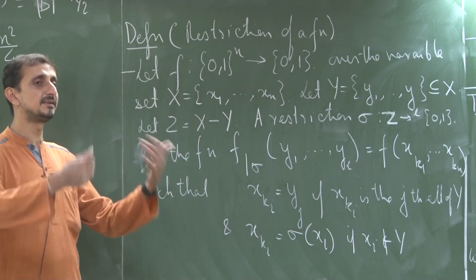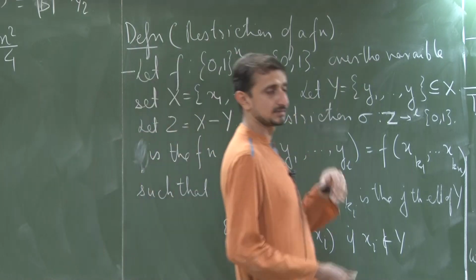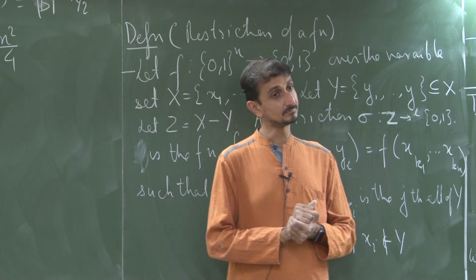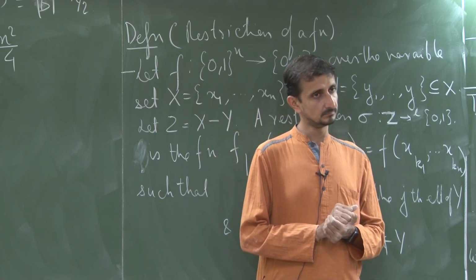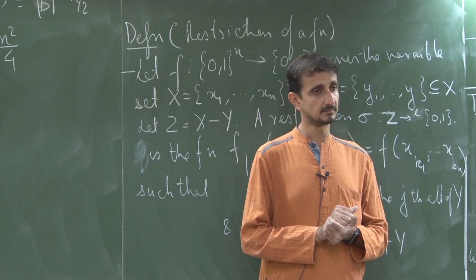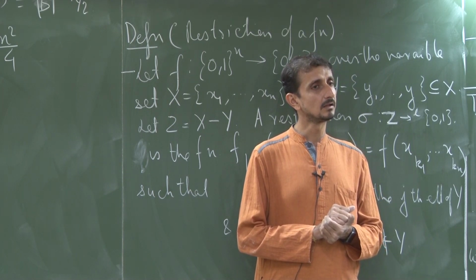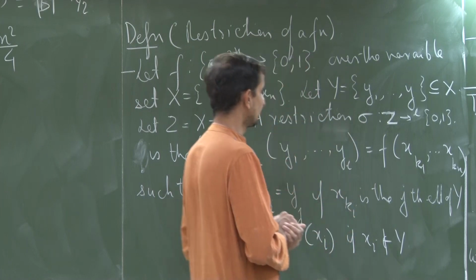Now, how many different restrictions are there? That is basically the number of subfunctions. What you are referring to as a restriction is that function sigma. Yes. Then the number of subfunctions and the number of restrictions are different. They are two different ones.